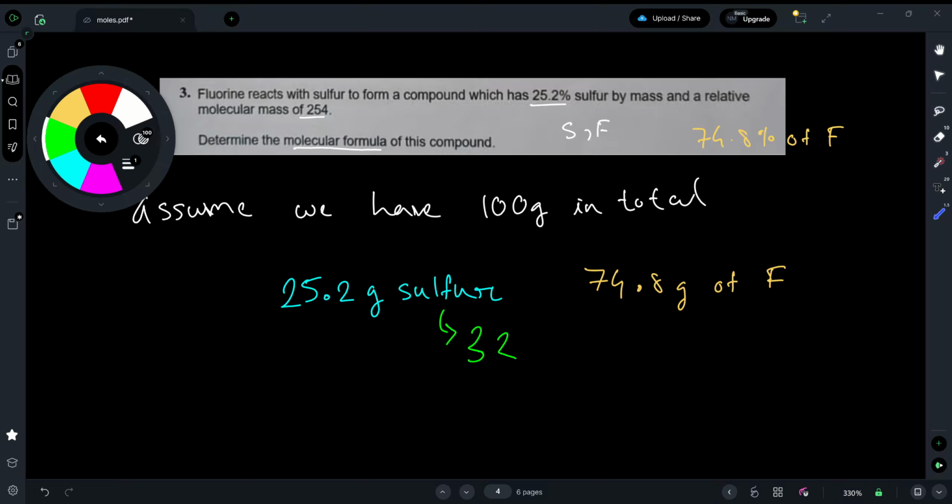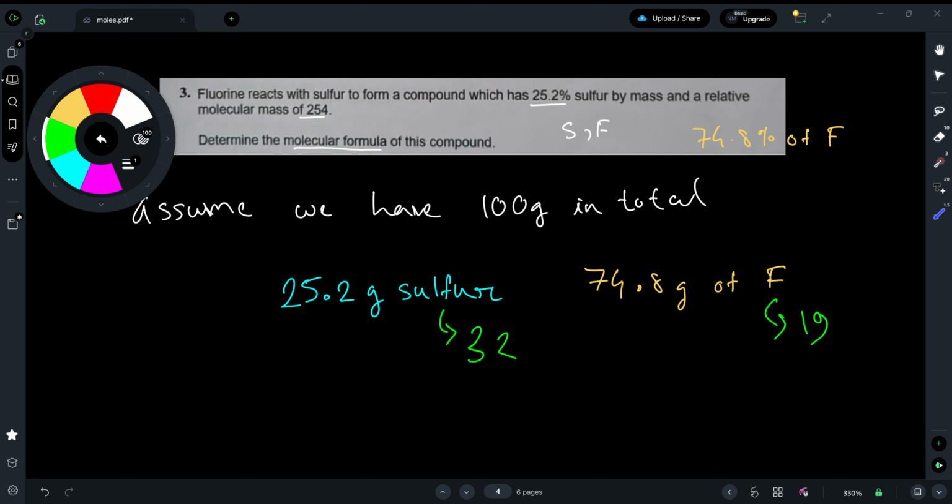Fine. So sulfur has a mass number of 32. And fluorine has a mass number of 18, nearly 19. We'll take 19. Okay, let me actually pull up the Cambridge IGCSE periodic table.